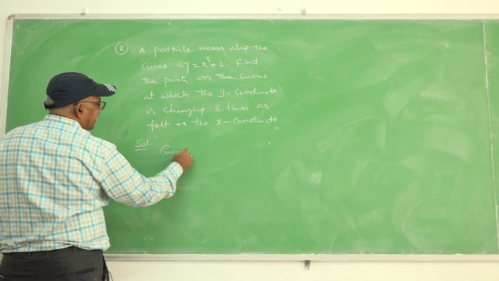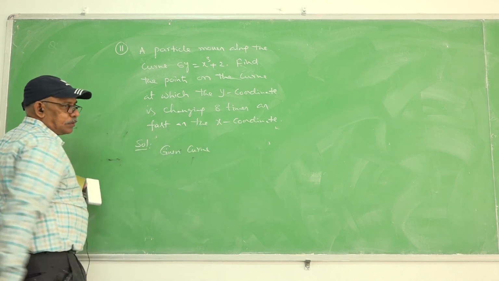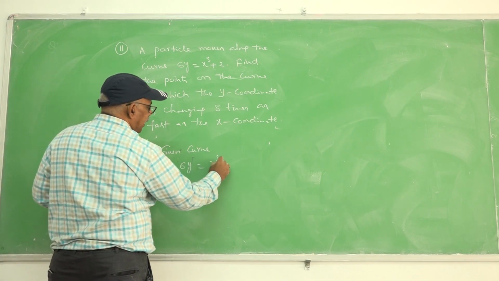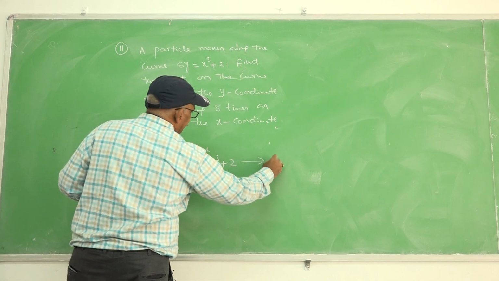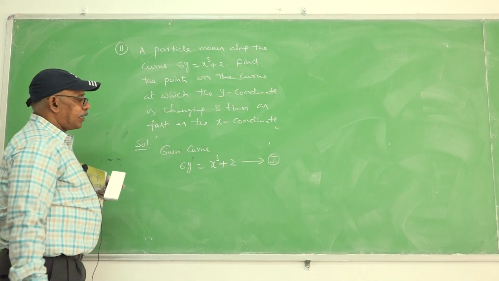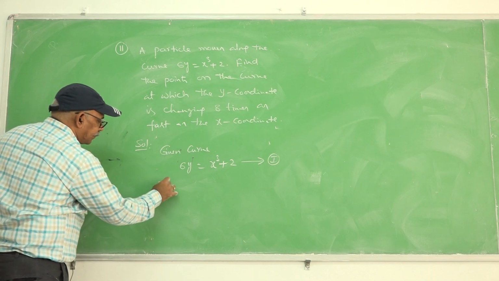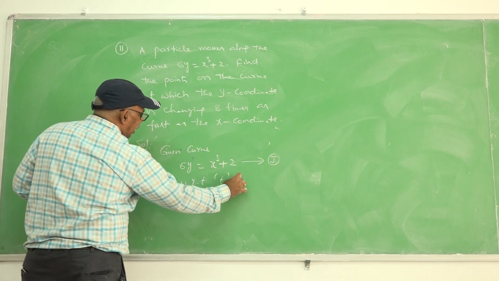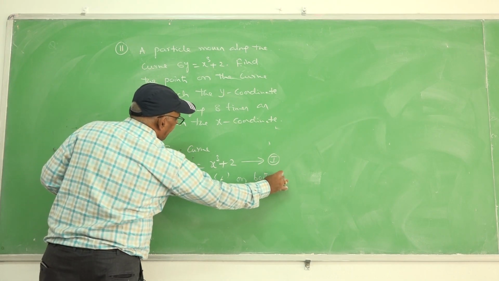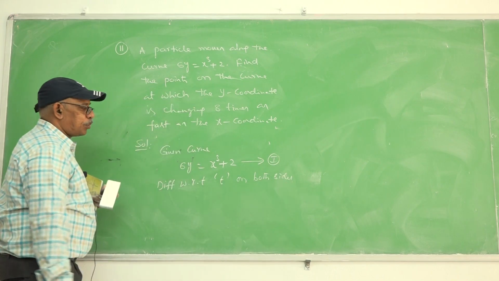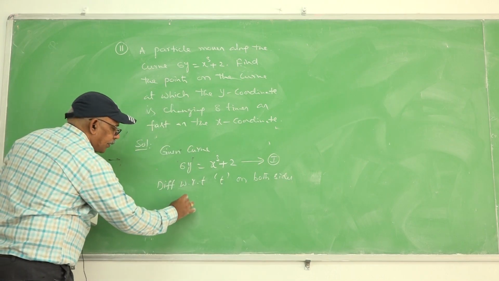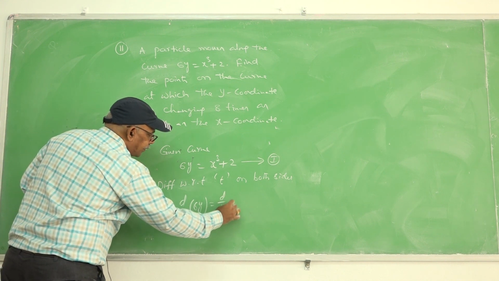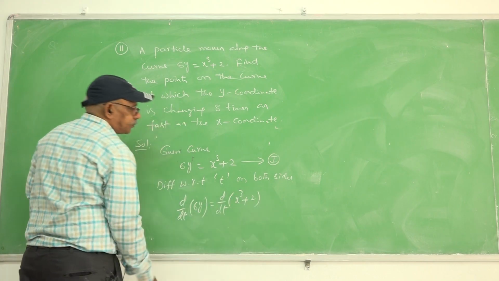The given curve means here the relation between the two variables x and y. The given curve is 6y equal to x cube plus 2. Let us suppose this is 1. Differentiating with respect to t on both sides, we get d by dt of 6y equal to d by dt of x cube plus 2.